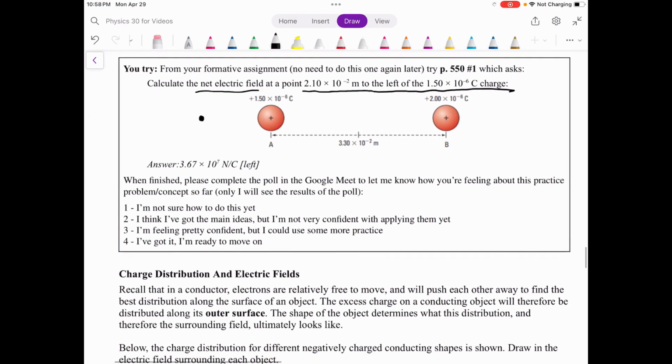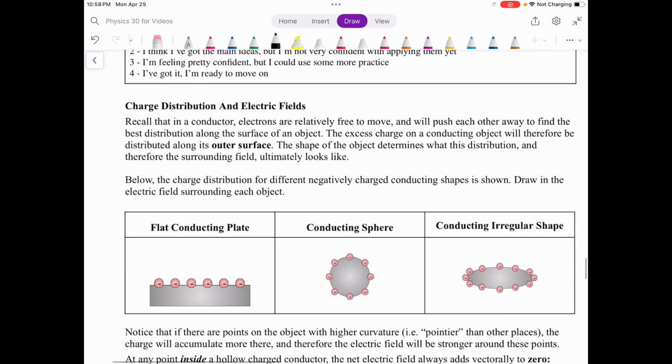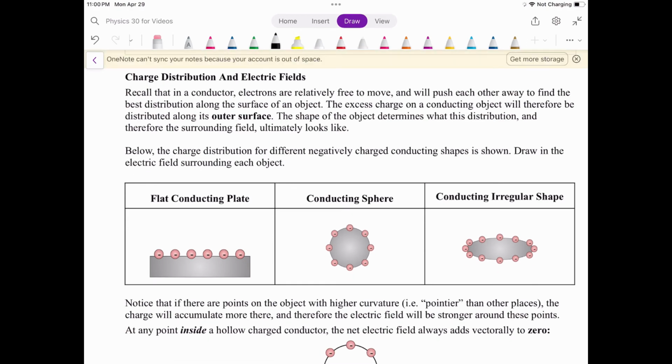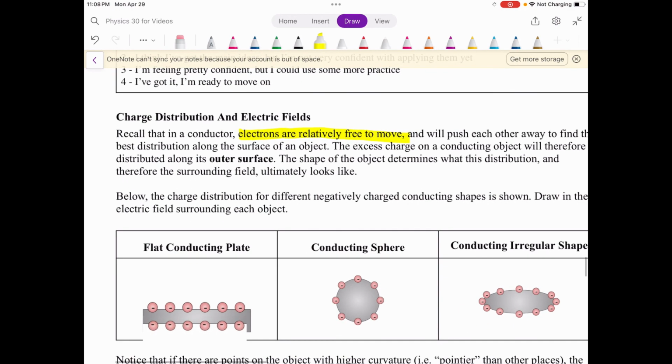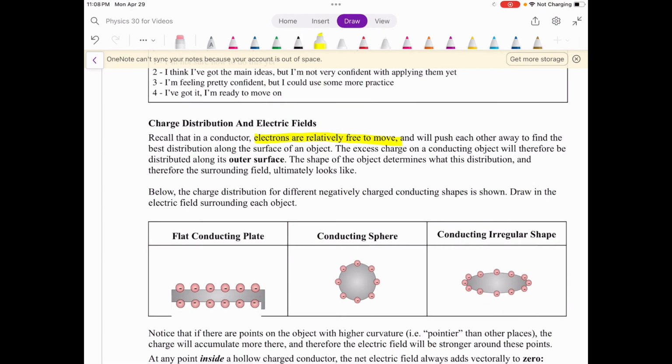All right, we'll talk about charge distribution on conductors and then do some graphical analysis, and that will wrap up this lesson. Remember that what makes something a conductor is that electrons are relatively free to move through it. So if we have electric charge built up on a conductor, remember, a bunch of electrons don't like each other.